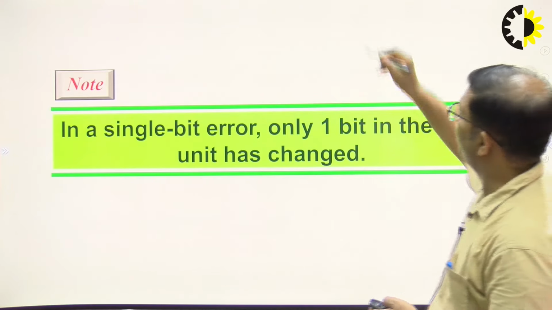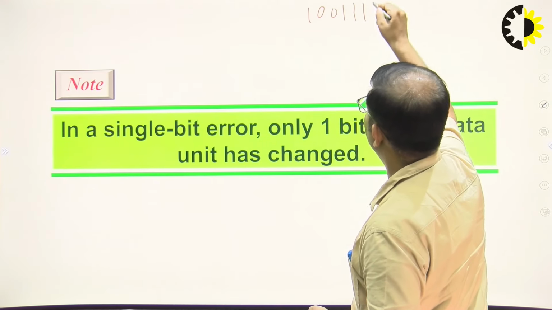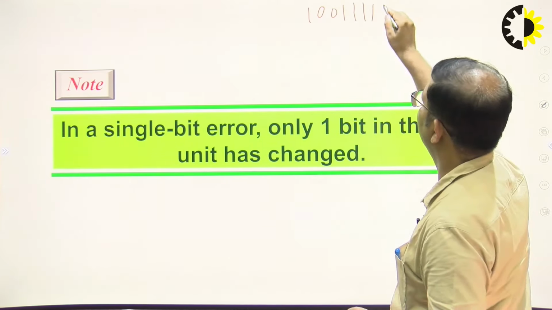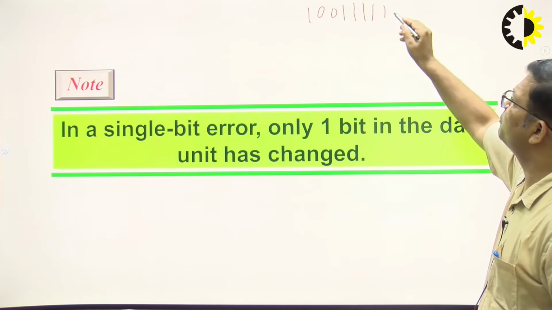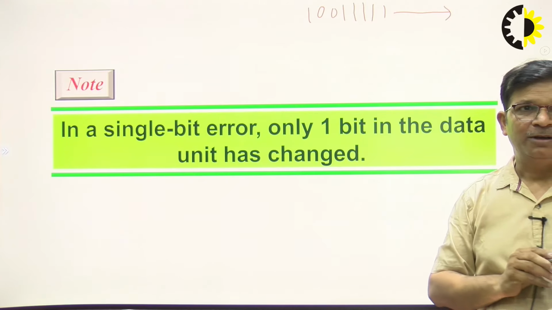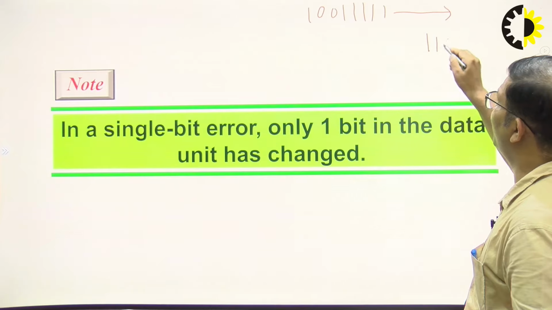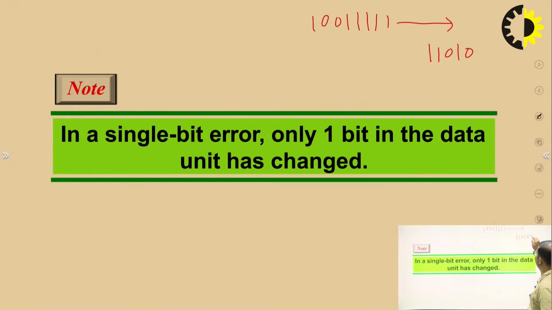For example, there is data like this. We have to transmit it through a transmission line, or through a Wi-Fi network. But at the receiver side, maybe the receiver will get this one. So the sender and the receiver do not have the same data.